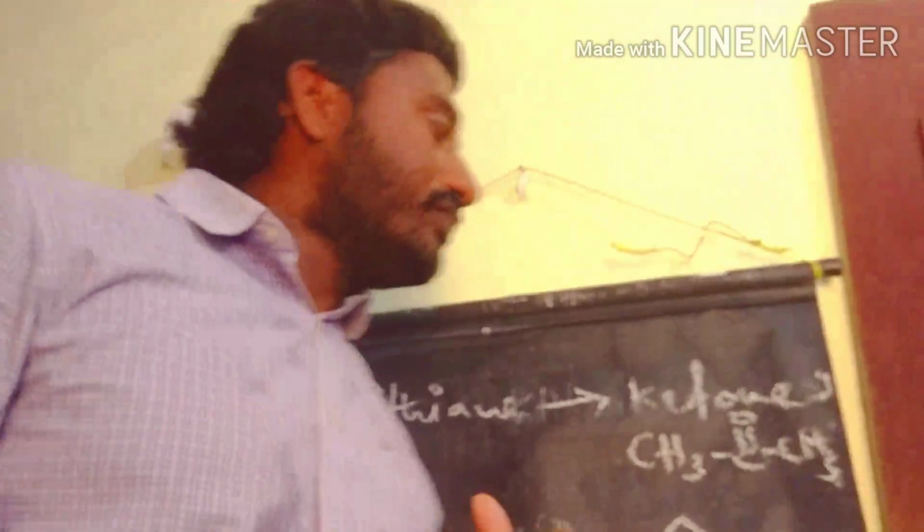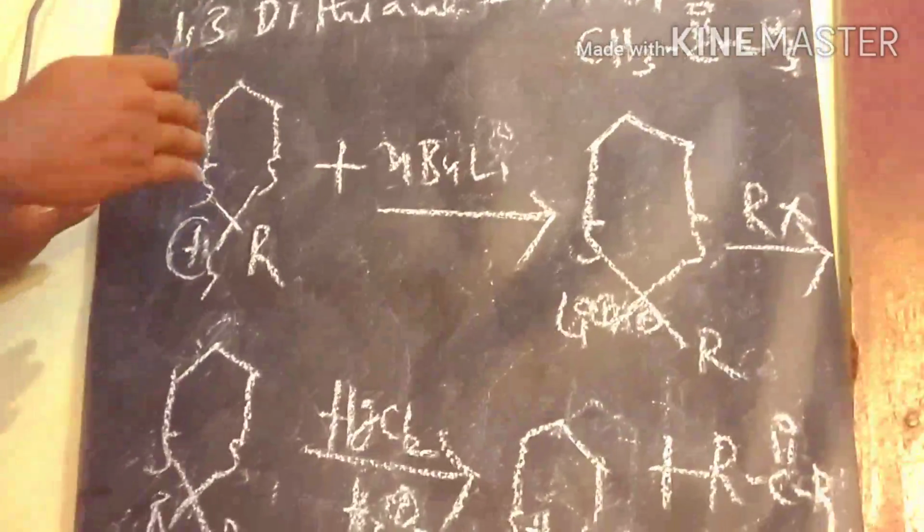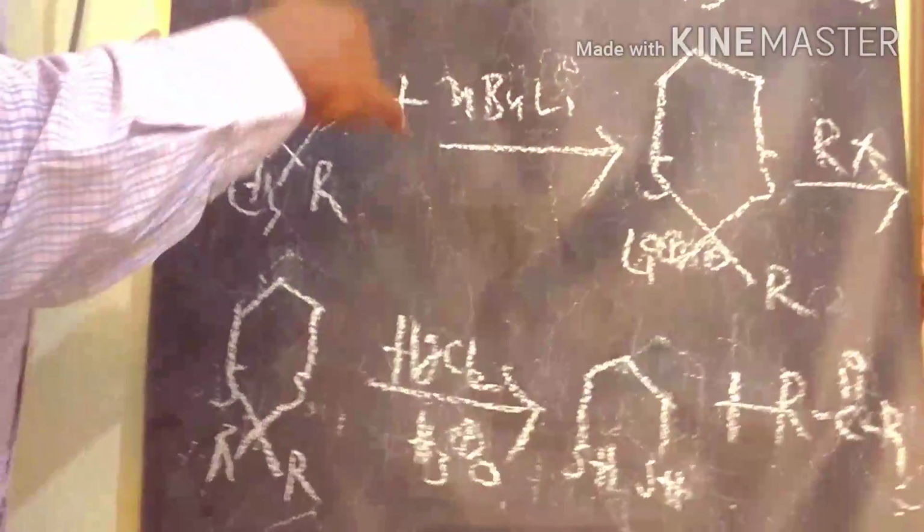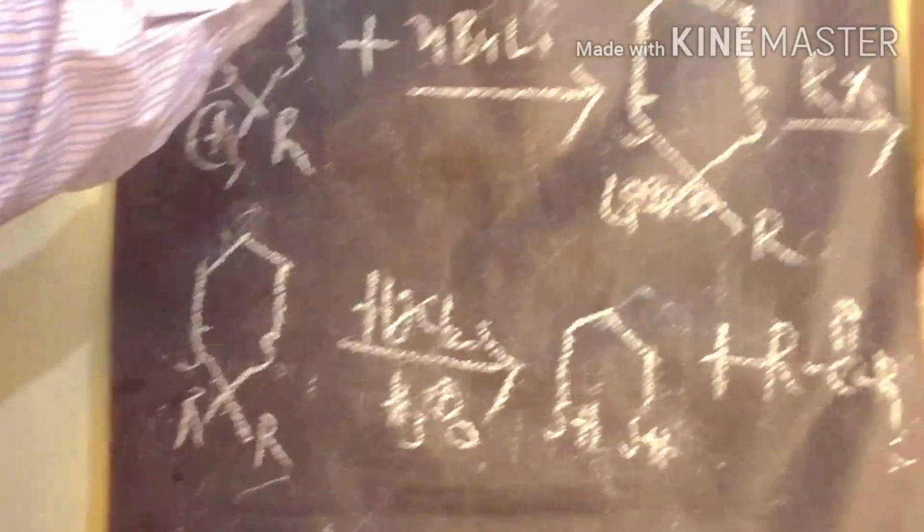First we take 1,3-dithiane and react it with n-butyl lithium, a strong base. Then H plus is replaced by lithium plus. Then reaction with the methyl halide: the methyl group is substituted at the H position. Then this reaction is conducted again, so another H is also substituted by a methyl group.